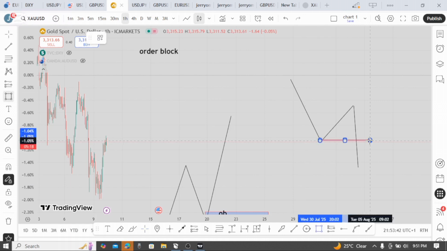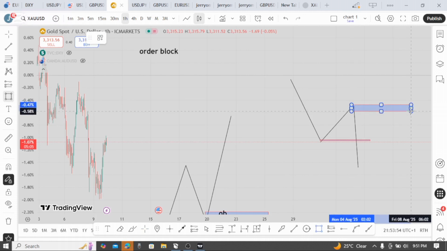You know that this is where the break of structure occurs. So you come to the lower low. Now at this point, the last buy candle here is called your order block in the bearish scenario, or in the bearish market structure.